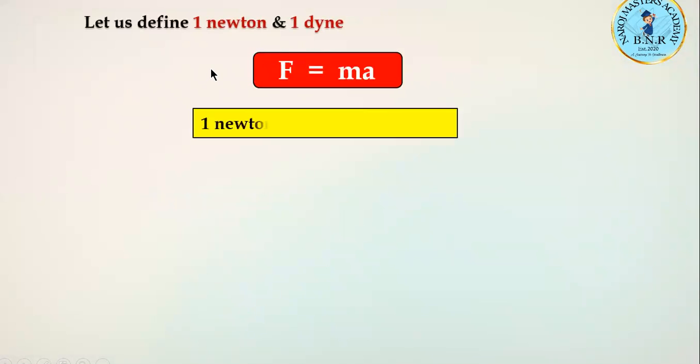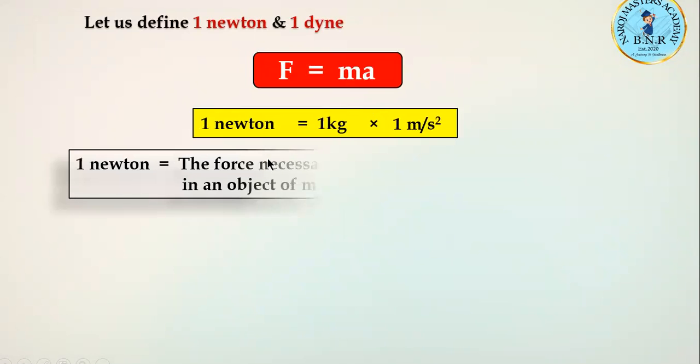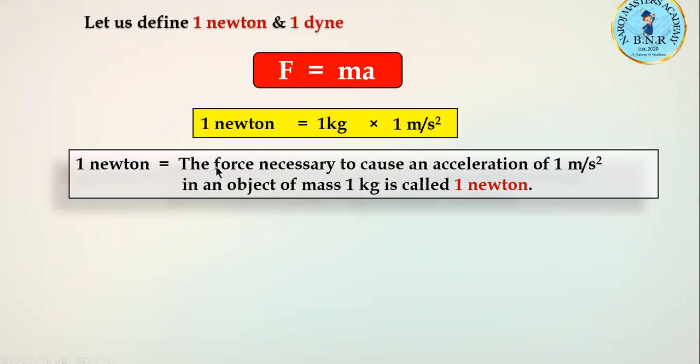What is the value of 1 Newton? We know F is equal to ma, so 1 Newton is equal to 1 kg into 1 meter per second square. So 1 Newton is the force necessary to cause an acceleration of 1 meter per second square in an object of mass 1 kg.